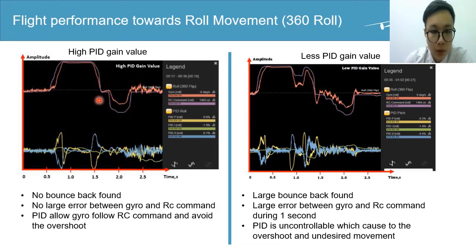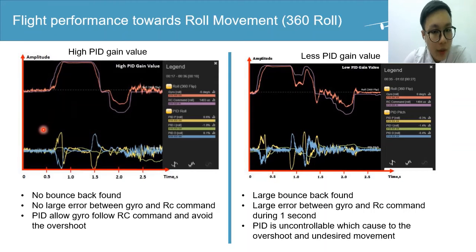The bounce-back problem can be observed by the overshoot at the end of the rotation here and also here. An obvious bounce-back can be observed for the low PID value, and for the high PID value, the bounce-back problem can be ignored because there is no overshoot after the rotation.